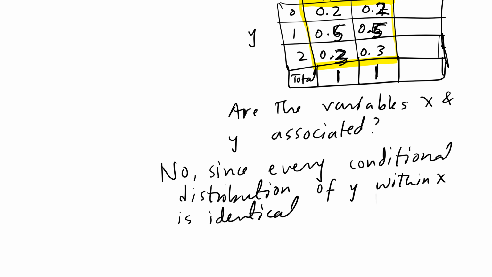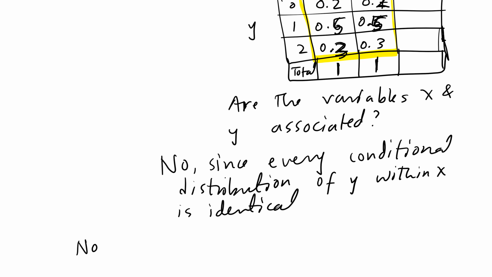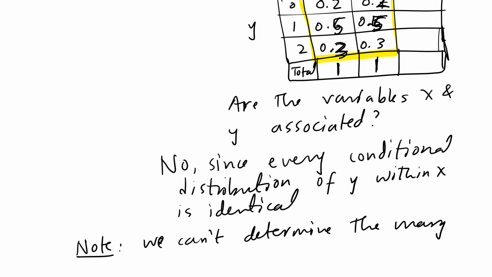And keep in mind, as a note, for this kind of example here, the last one, we can't determine the marginal distribution of X. Why?